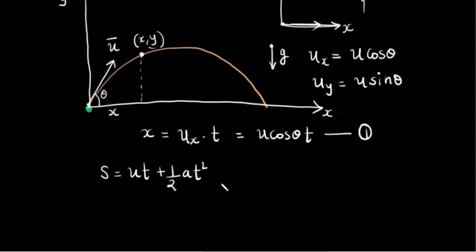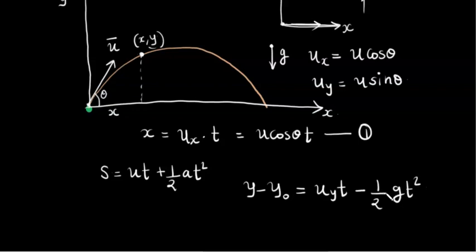Here s is equal to y minus y0, but y0 is the initial coordinate, which is 0 of course. The component of the velocity in y direction is uy, so s is uy into t minus half gt square.